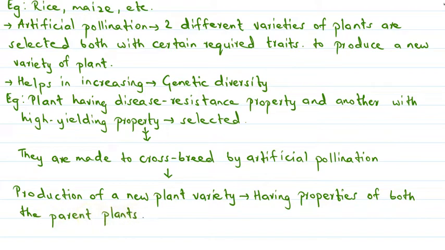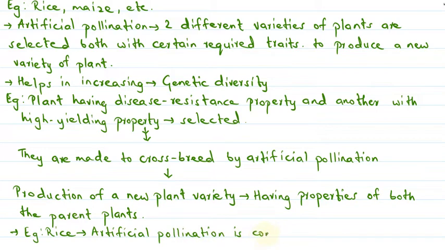So this artificial cross pollination of rice is very common in the field of agriculture. Okay, so artificial pollination can be seen in rice. Here in rice, artificial pollination is very common in the field of agriculture.